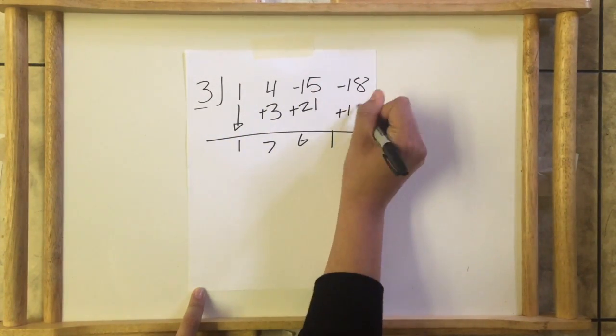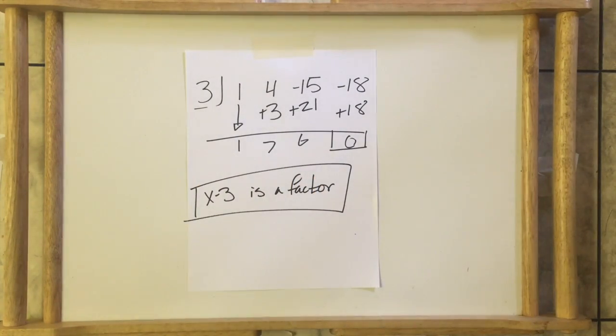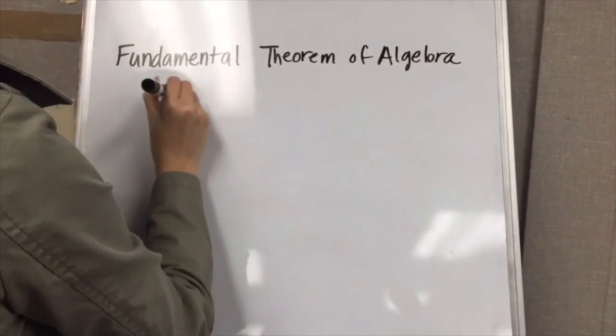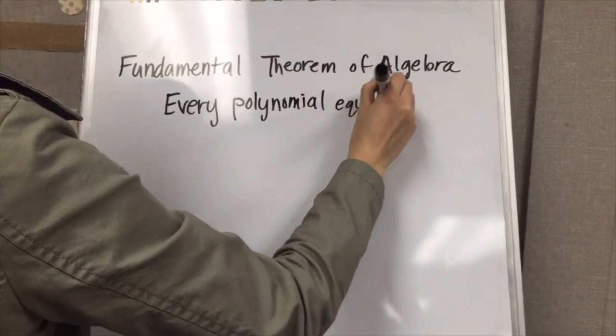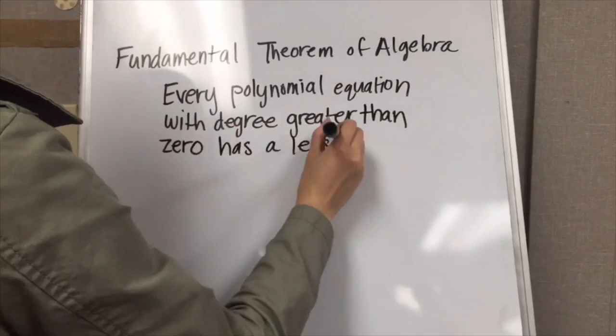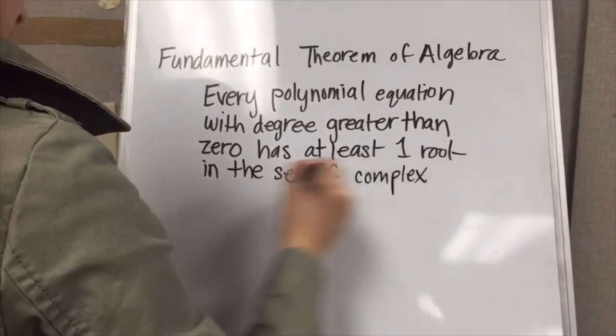The idea of the theorem is to help you understand why you are solving the problem and what the answer means. Another important theorem of algebra is the fundamental theorem of algebra, which states that every polynomial equation with a degree greater than 0 has at least one root in the set of complex numbers.